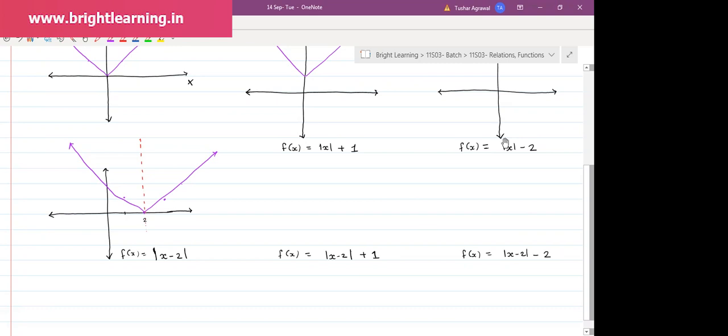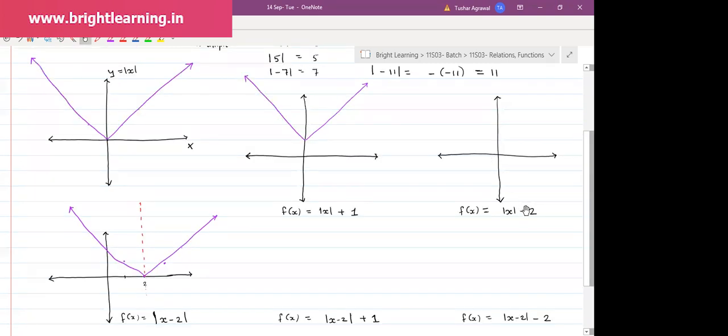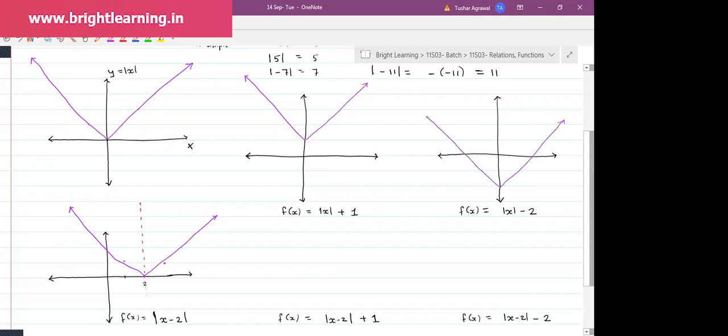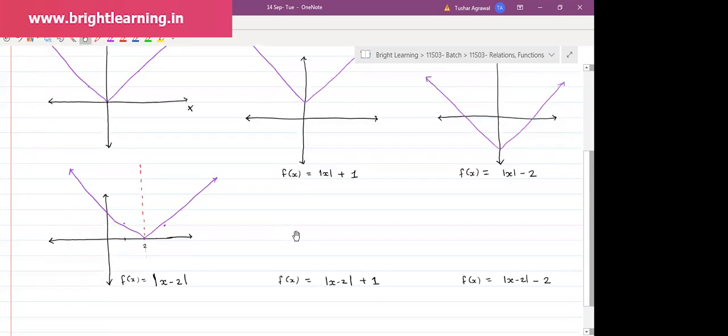So this graph I will draw for you. The mod x minus 2 graph will be something like this. The mod x graph is shifted 2 units downwards. These two graphs you will be able to draw.